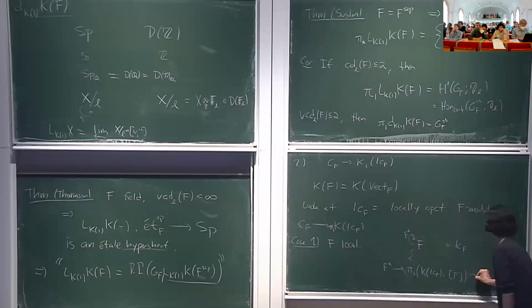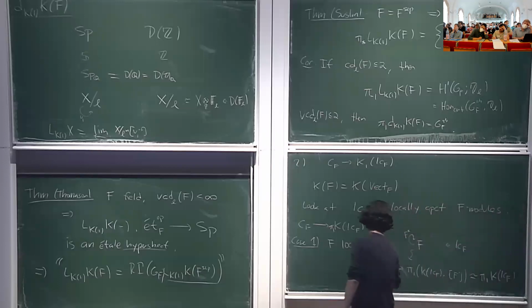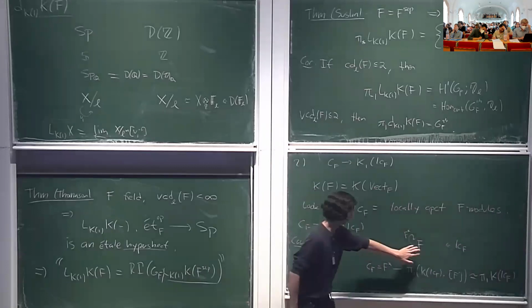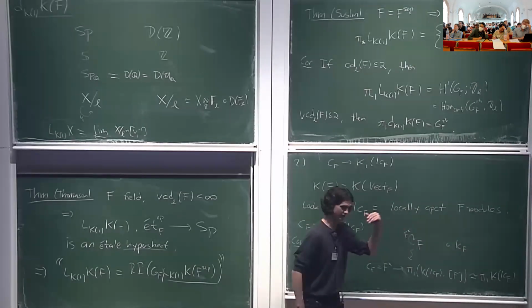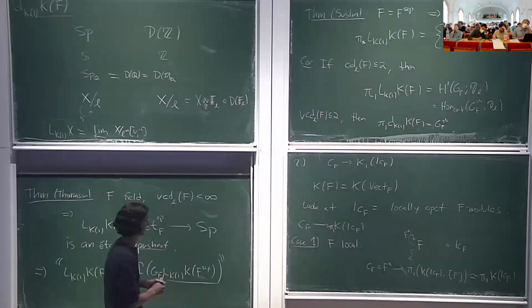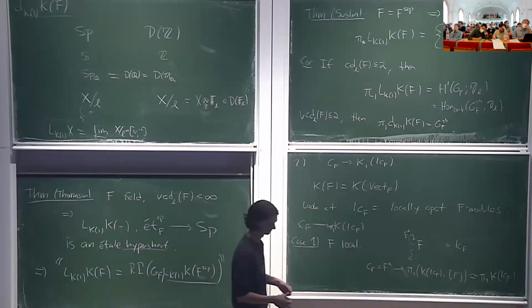But then by just shifting using the group structure on K-theory, that's the same thing as pi 1 of K-theory of LCF based at 0, which is the natural base point for this spectrum. And that was CF. So in the local case, you just look at this single locally compact F module with its natural F cross action, and you get your K1 class. Nothing going on.